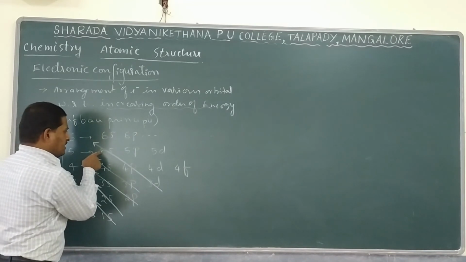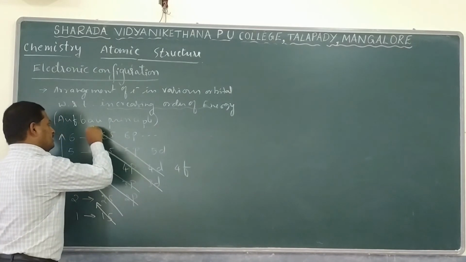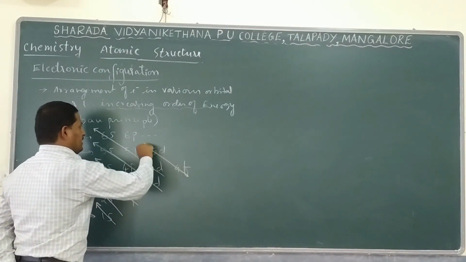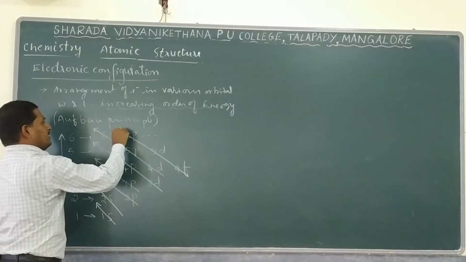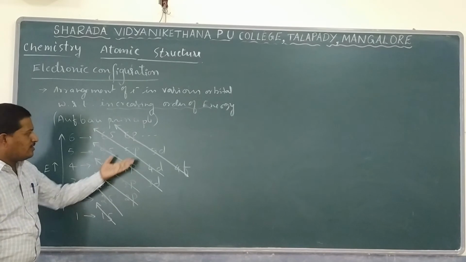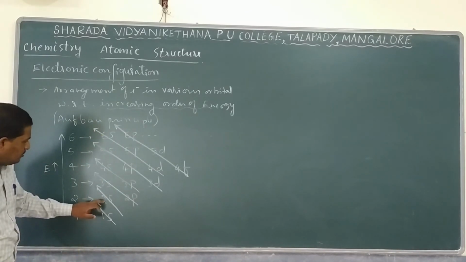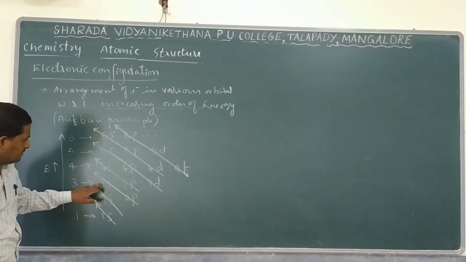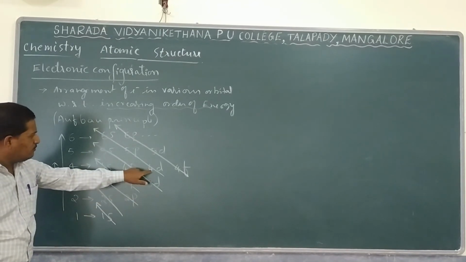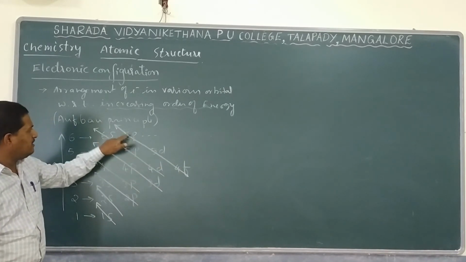After 5s, next goes to 4d, then 5p, then 6s. After 6s, that is 4f, 5d, 6p, then 7s. Like that it will go. So this is the increasing order of energy of the different orbitals: 1s, 2s, 2p, 3s, 3p, 4s, 3d, 4p, 5s, 4d, 5p, 6s, 4f, 5d, 6p, then 7s.